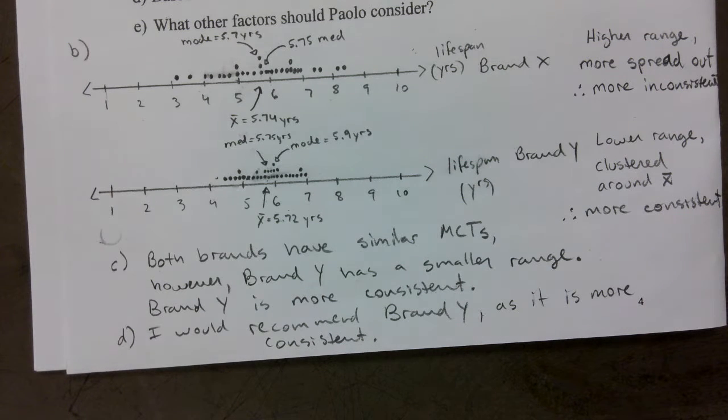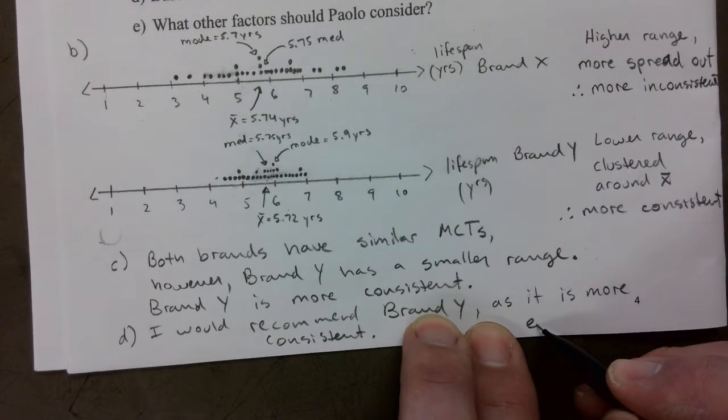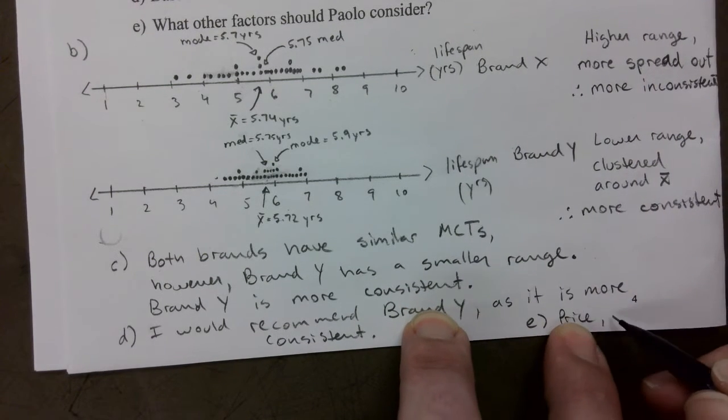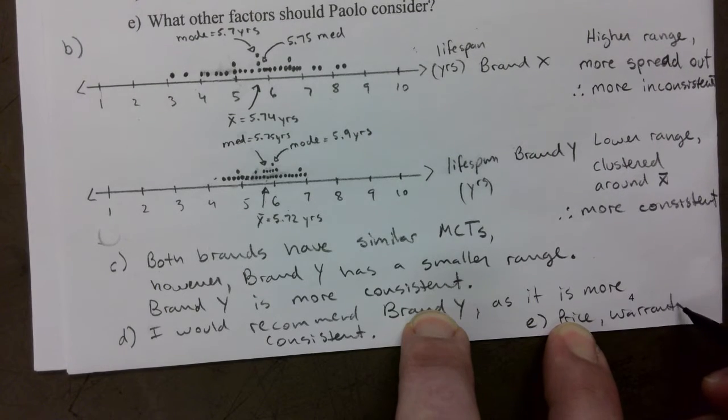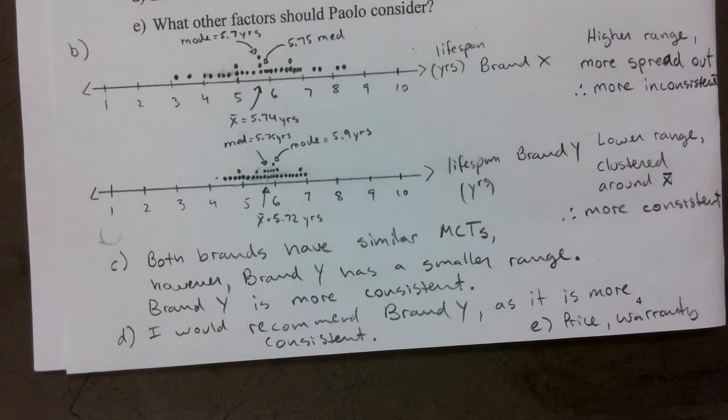What other factors should Paolo consider? This is just to make you realize in life, you don't always go by, oh, the range is smaller, therefore you should buy it. You also look at cost, like price, warranty, etc. If brand X is a lot cheaper, let's say half the price of brand Y, I would maybe be inclined to say, it's that much cheaper, it's worth the risk.